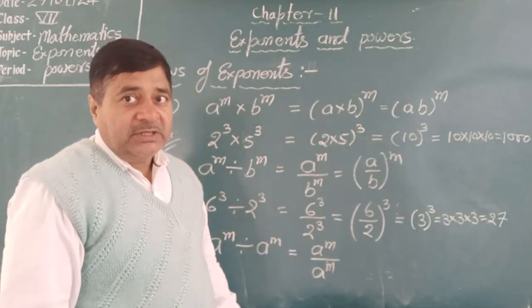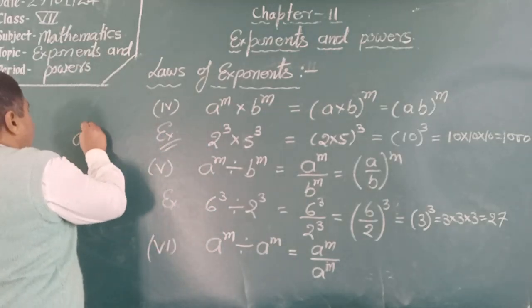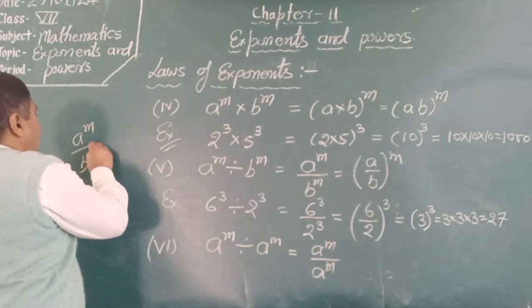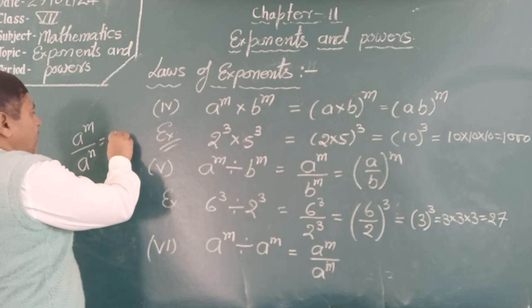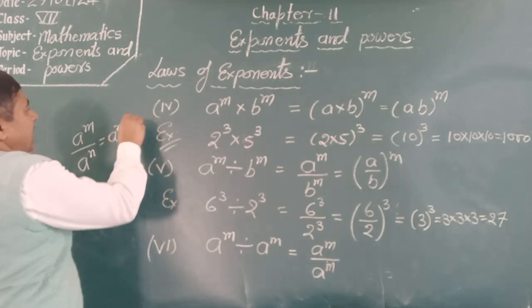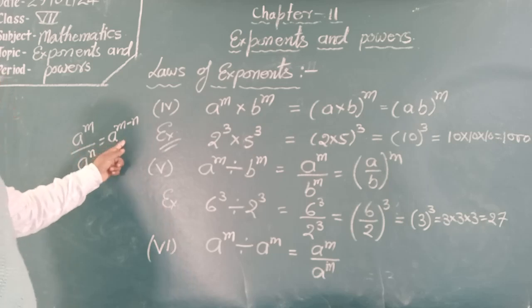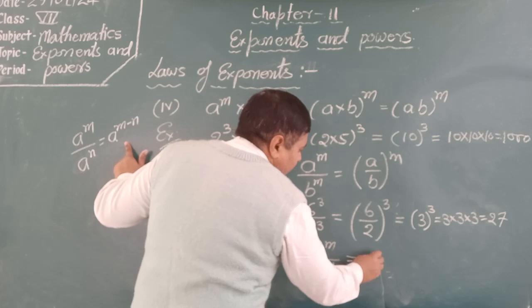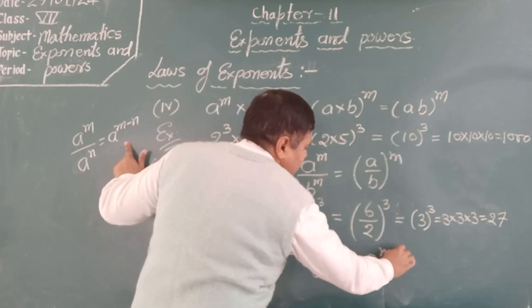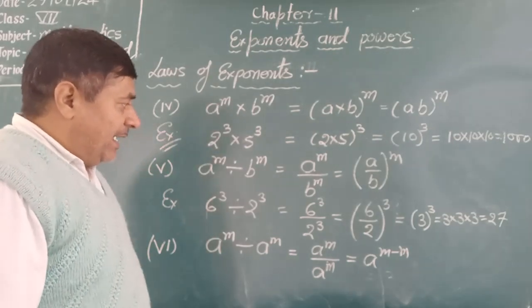That means the formula applies from the second law. What is the second law saying? That a to the power m and a to the power n, then you can write a to the power m minus n. That means the bases are the same, so the powers get subtracted, and the powers are also the same, so m minus m.